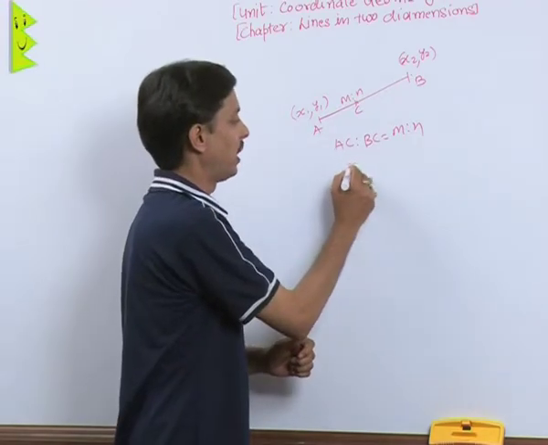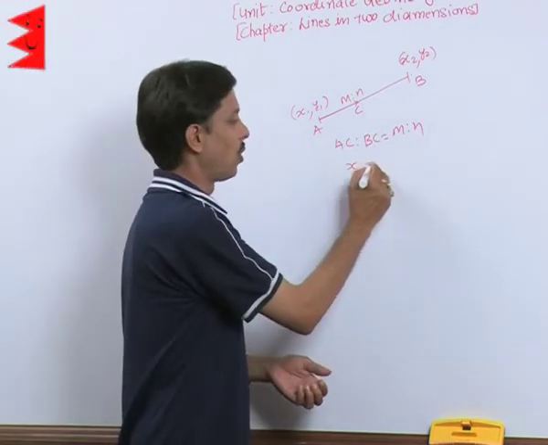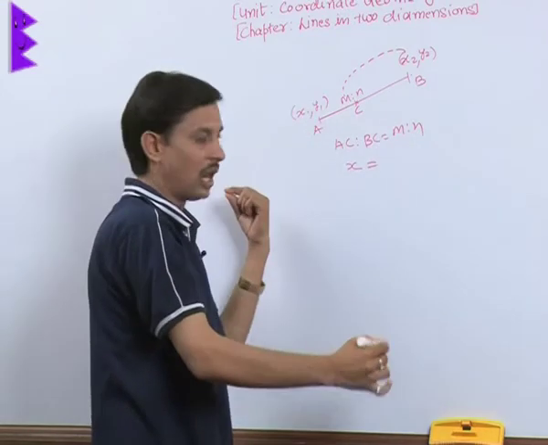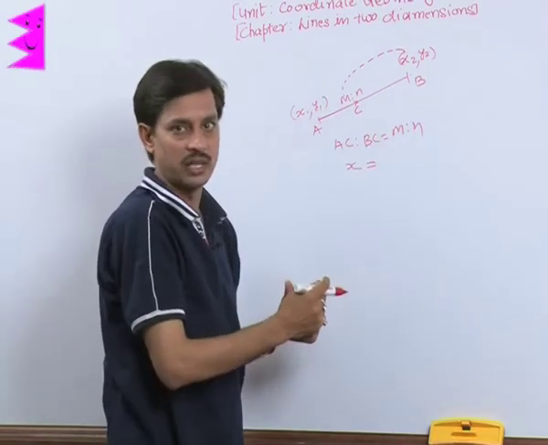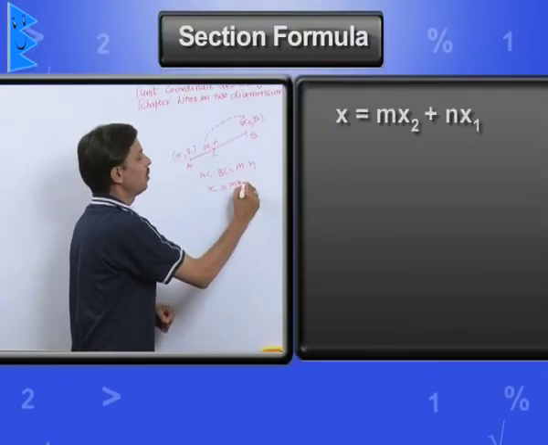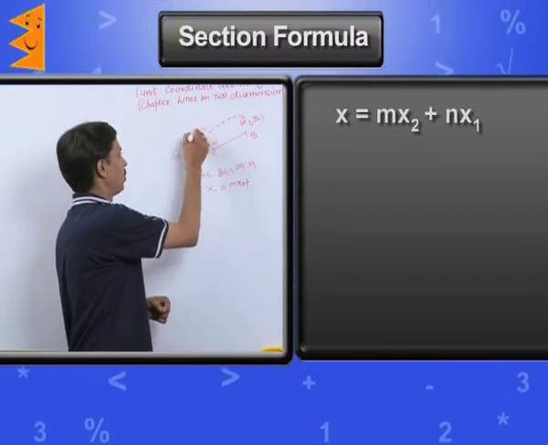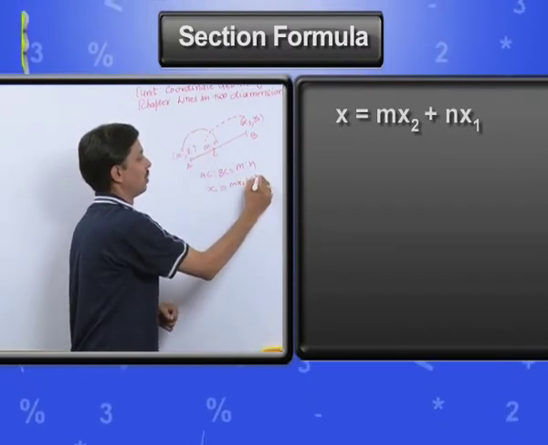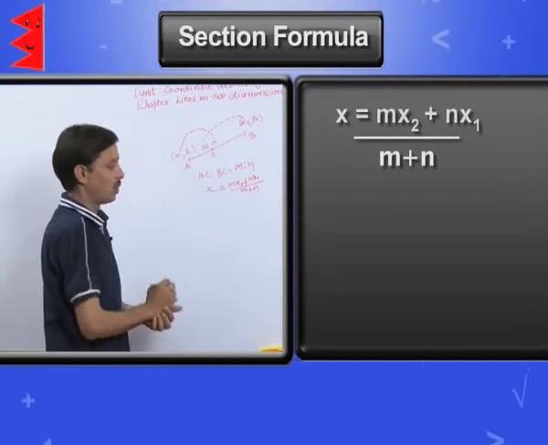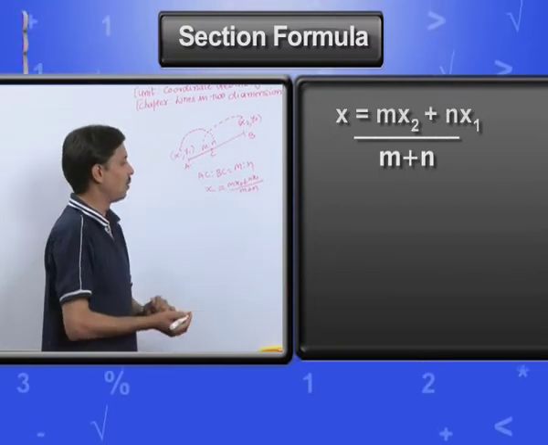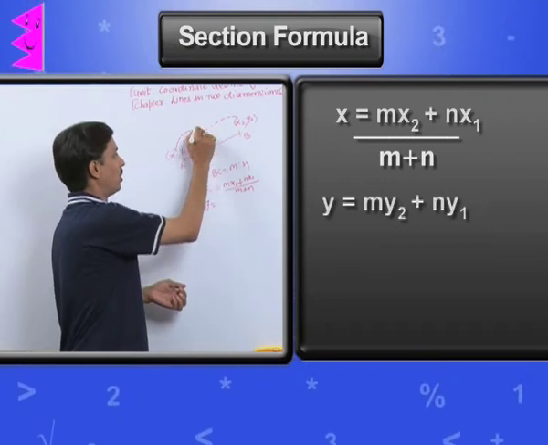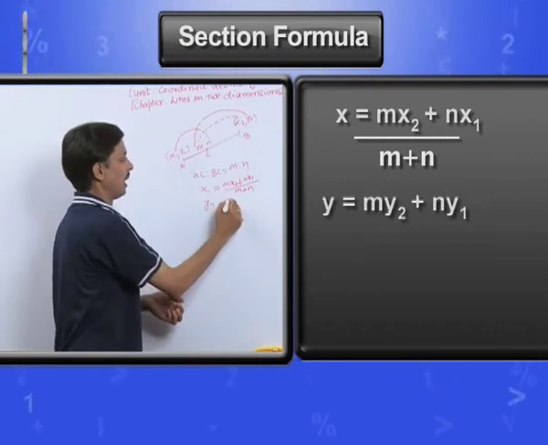Then to find x, that is the abscissa, the formula is mx2 plus nx1 upon m plus n. It gives the value of x, and if you want to calculate y, we will go on the ordinates the same way.